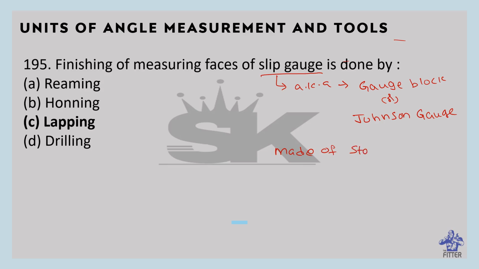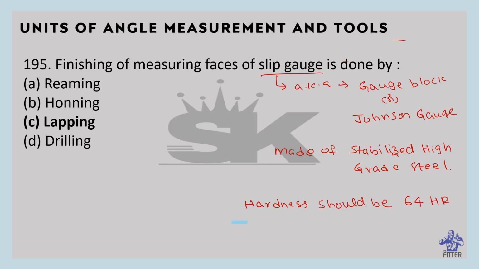The hardness of slip gauge should be 64 HRC, and the cross sectional size of slip gauge is 32 by 9 mm.